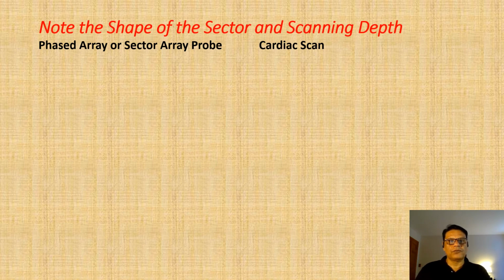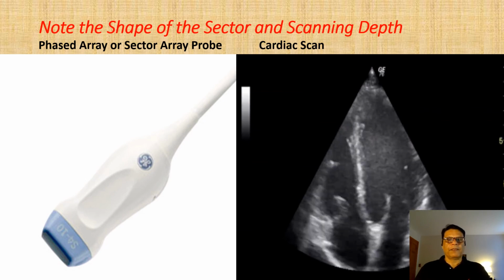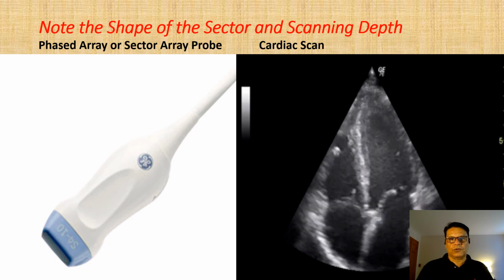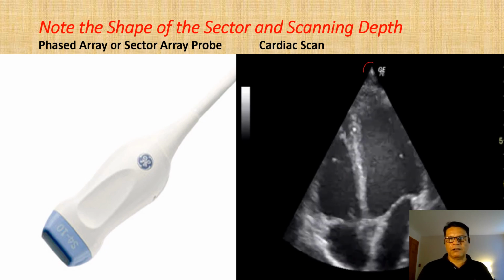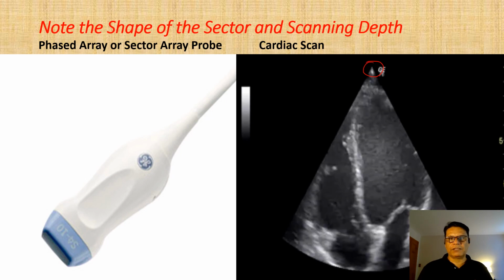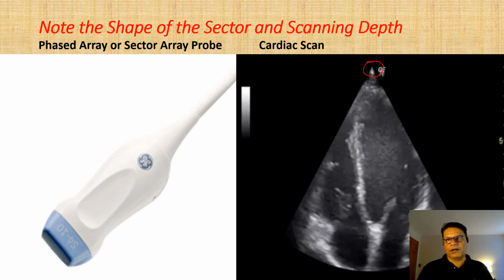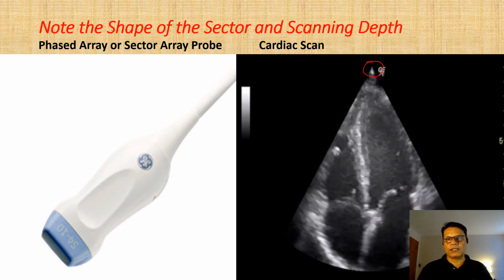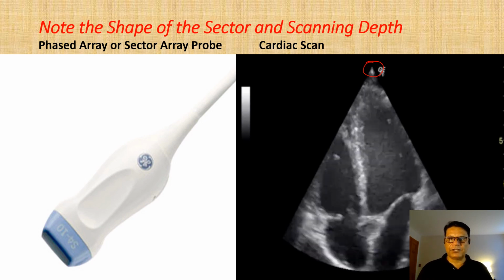If you see the scan by the cardiac probe, the pulses seem to be originating from the same point but moving in different directions, and this is the field of view, or this is called the sector image.